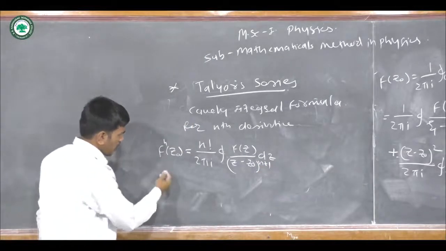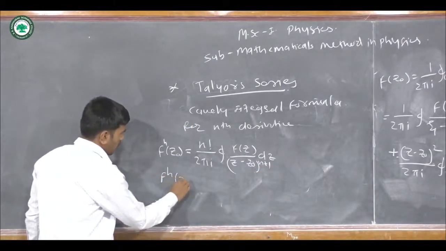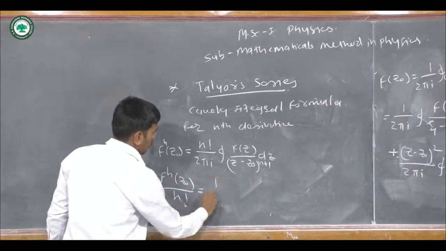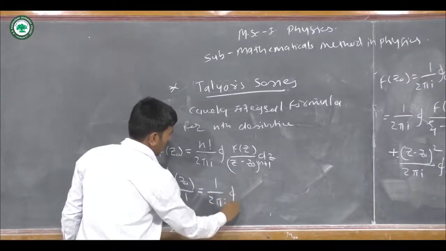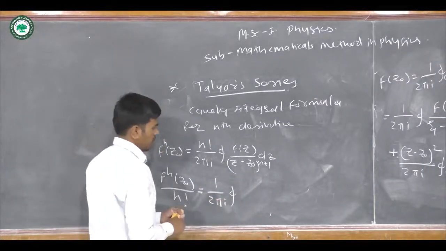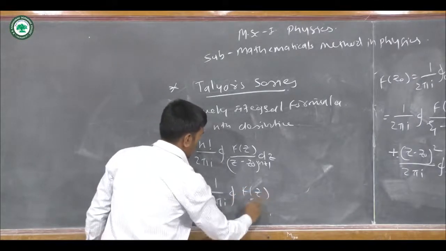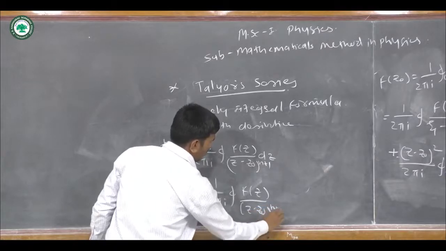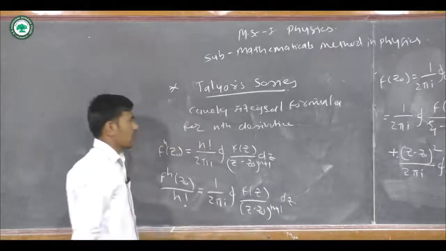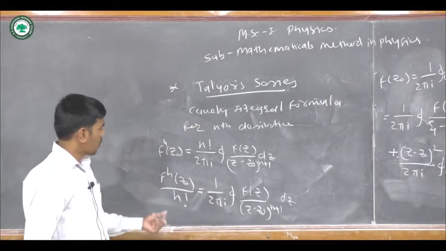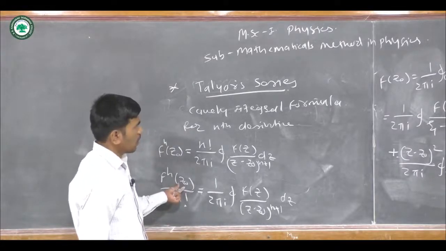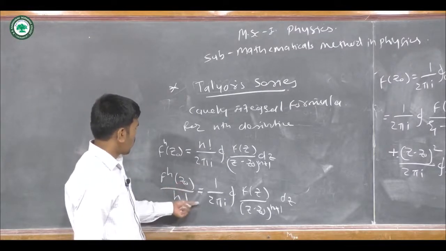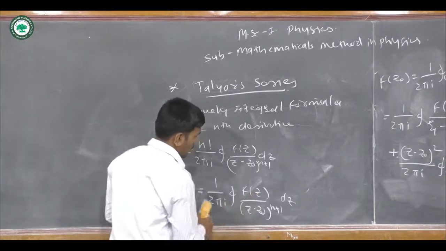So we rewrite like this: f of power n z naught divided by n factorial is equal to 1 by 2 pi iota closed integral over CR f of z divided by z minus z naught power n plus 1 dz. Okay, so for this case, what we consider, this f of power n z naught divided by n factorial, we can change these things here.